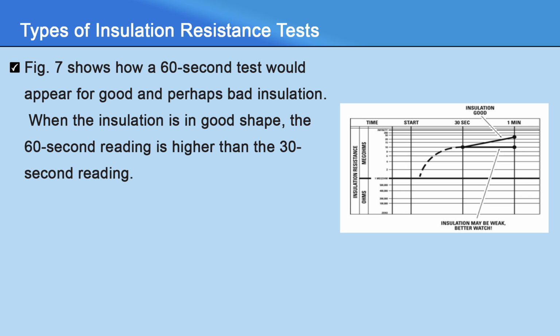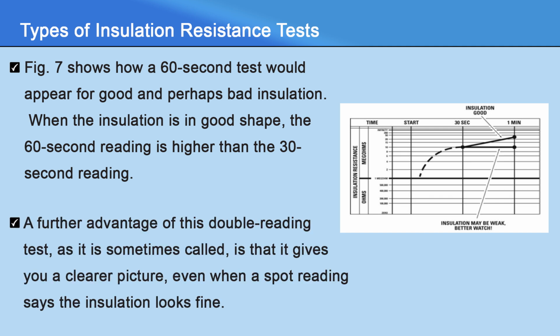Figure 7 shows how a 60-second test would appear for good and perhaps bad insulation. When the insulation is in good shape, the 60-second reading is higher than the 30-second reading. A further advantage of this double reading test, as it is sometimes called, is that it gives you a clearer picture even when a spot reading says the insulation looks fine.